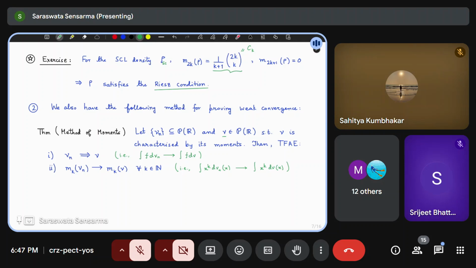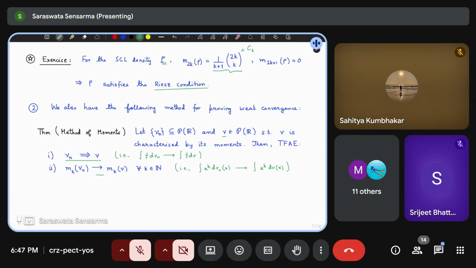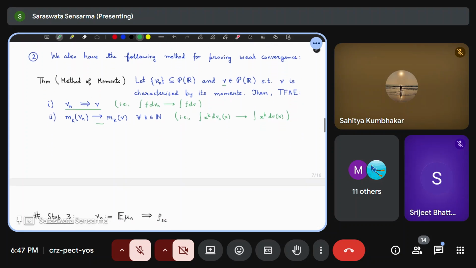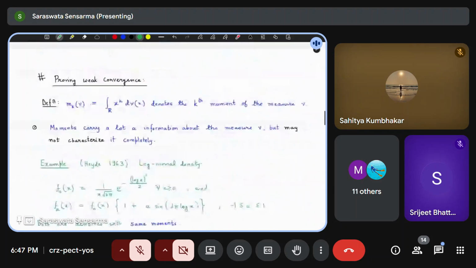That whether nu n converges to nu weakly is the same as saying that the moments converge. Okay, this is true for probability measures. For arbitrary measures, some things can go wrong, but this is the method of moments, and this is what we'll employ to prove our step 3.